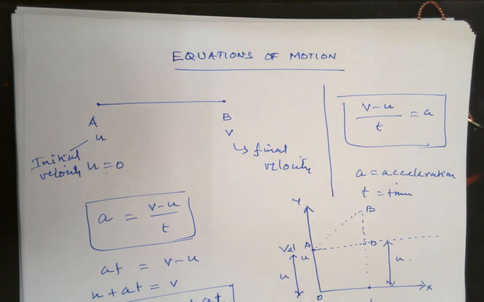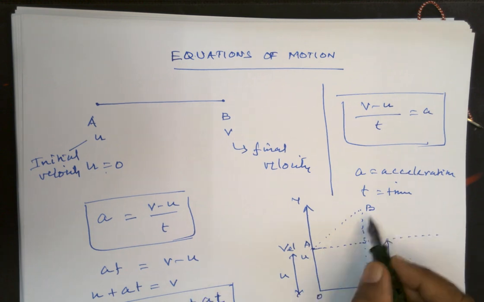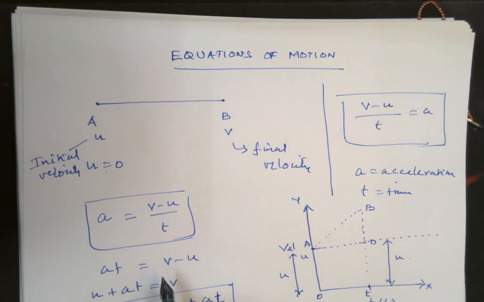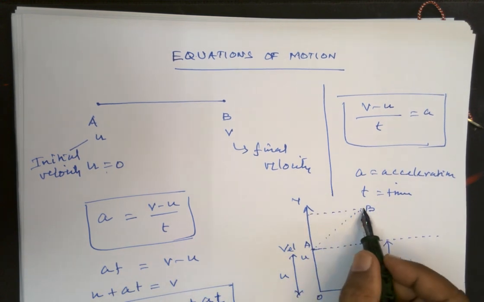And from 0 seconds to t seconds, let me say there is no change in velocity. When it reaches B there is a change in velocity, so it has changed the velocity, and that is v.